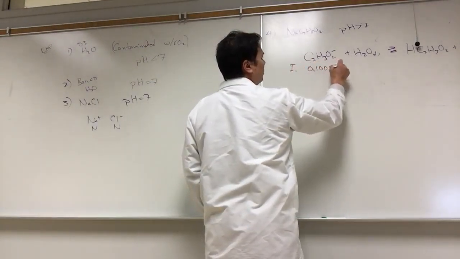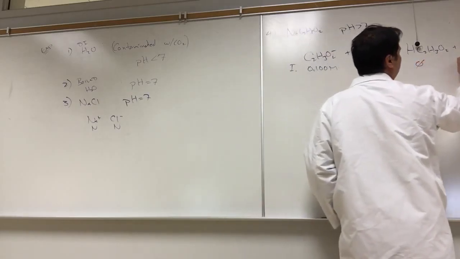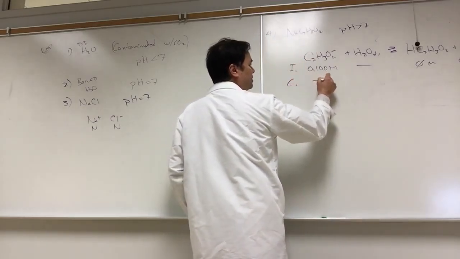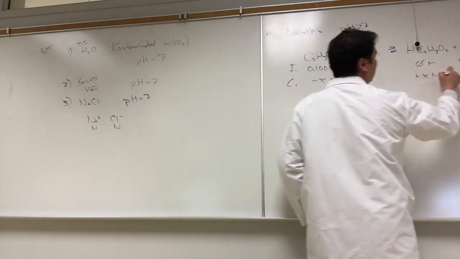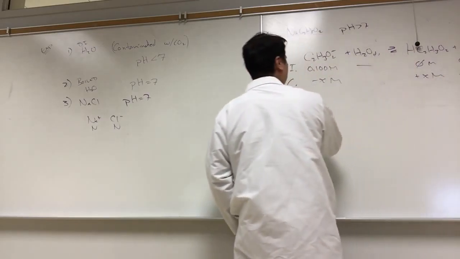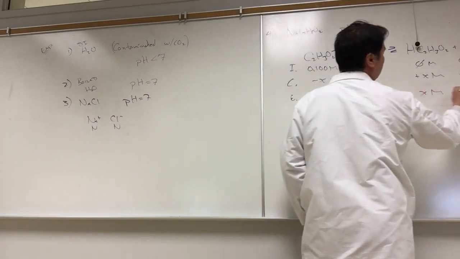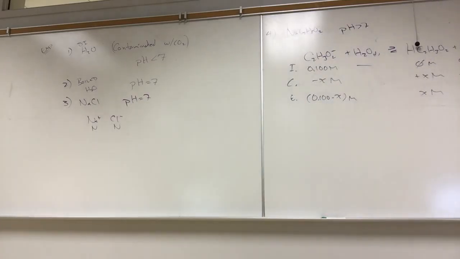We have 0.100 molar acetate, 0 and 0 for the products. Change is minus X molar, plus X molar, plus X molar. And so at equilibrium, we'll have 0.100 minus X, and X, and X. The same setup. I'll plug this into the Kb expression, which is the acetic acid concentration times the hydroxide ion concentration divided by the acetate concentration.